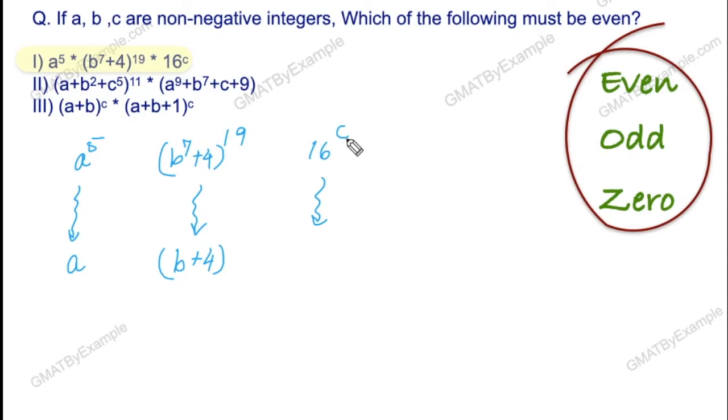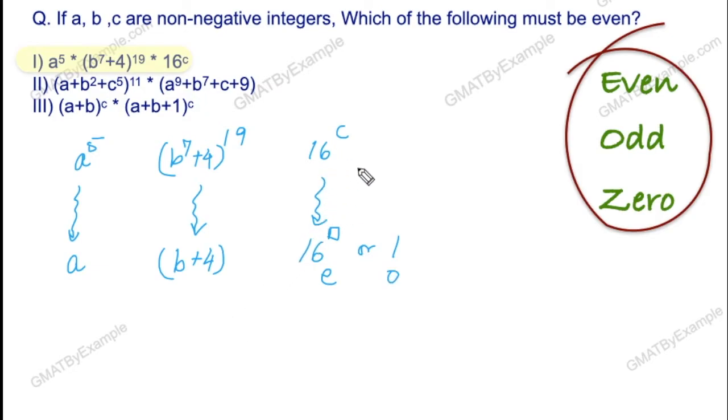But if c were 0, then 16 to the power of c is 1, which is an odd number. So this number could be a power of 16 or 1, which means it could be even or odd.